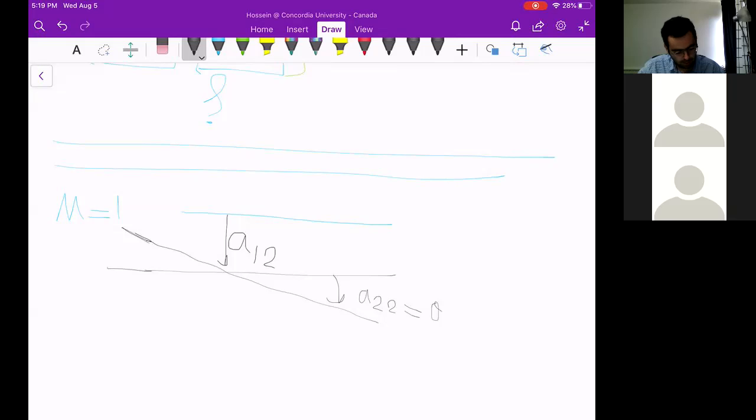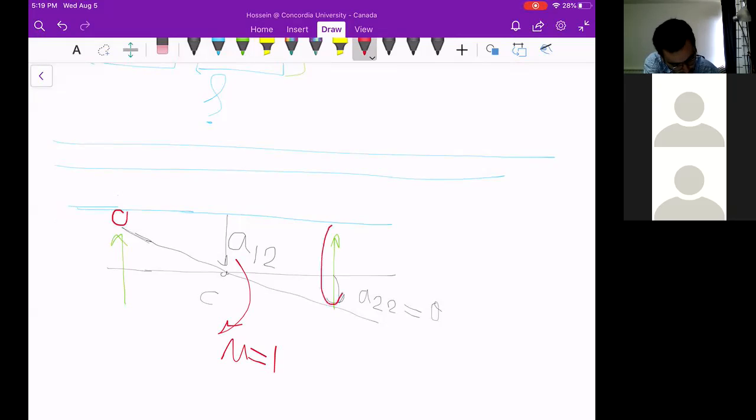There is a unit, this is center of gravity, and there is a unit momentum. Again, we have the same scenario. There would be two spring forces. This is deflection, and this is deflection for the right spring and left spring.